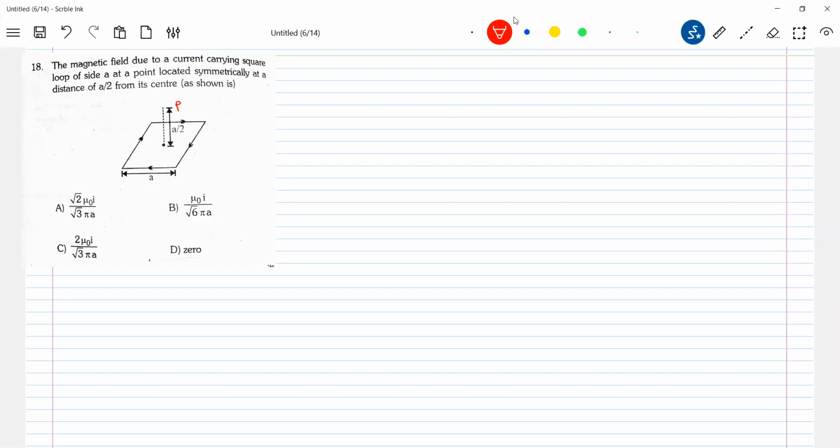So even for a square loop, we can call that an axis. So what is that dotted line? You call this the axis here. On the axis at a distance A by 2, and let this be the center O.